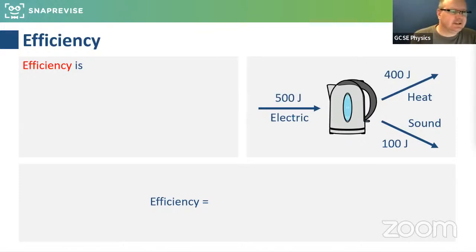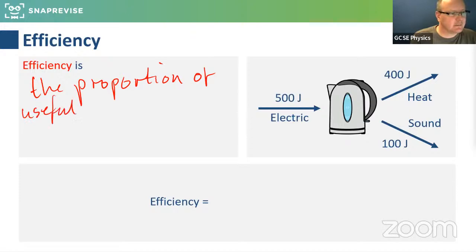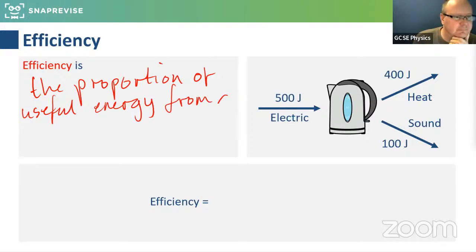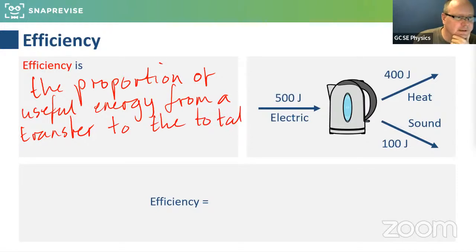So efficiency is the proportion of useful energy from a transfer to the total input energy.